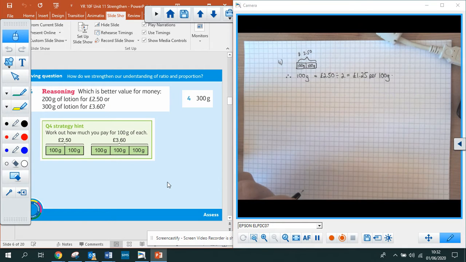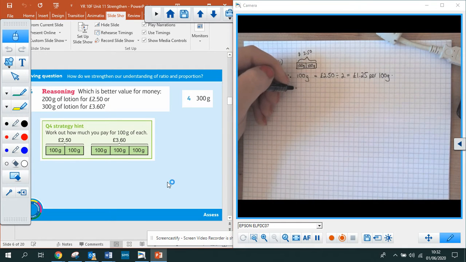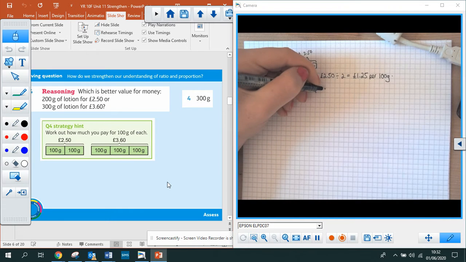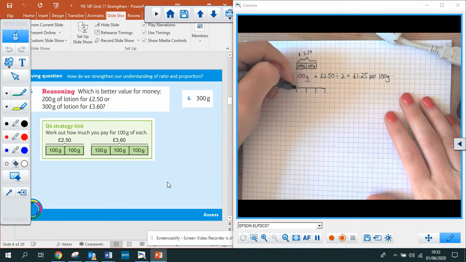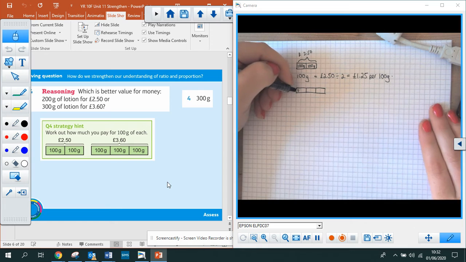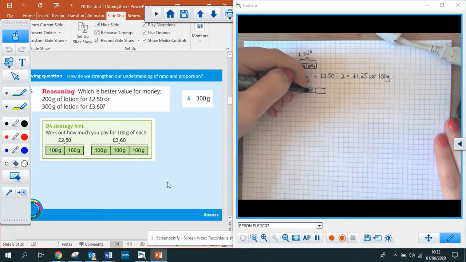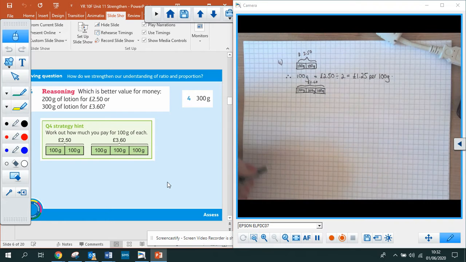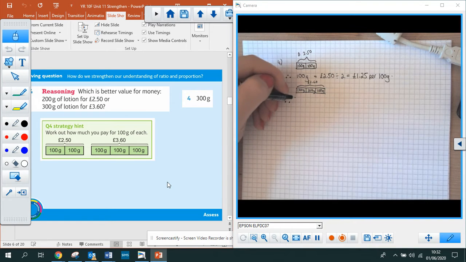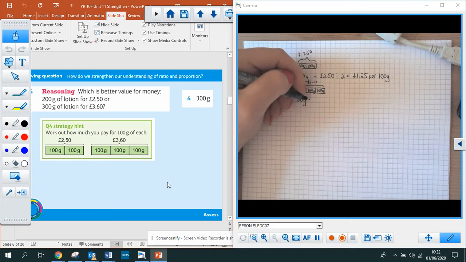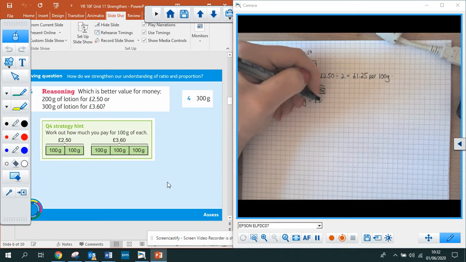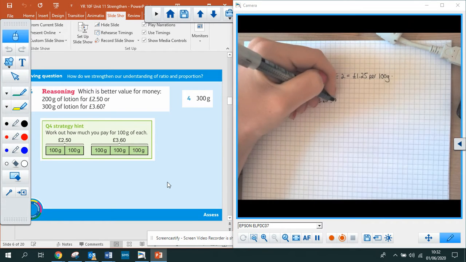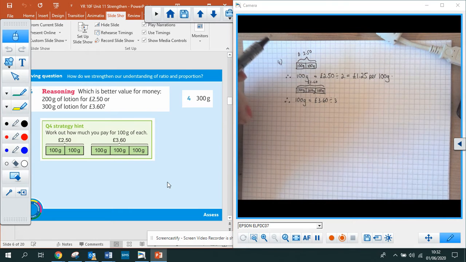Okay, for the next one, we've got 300 grams are going to cost us £3.60. So we've got 3 lots of 100 grams then. And they together cost us £3.60. Therefore, 100 grams using that option is going to cost us £3.60 divided by 3, okay, because it's been split into 3 parts of 100 grams.